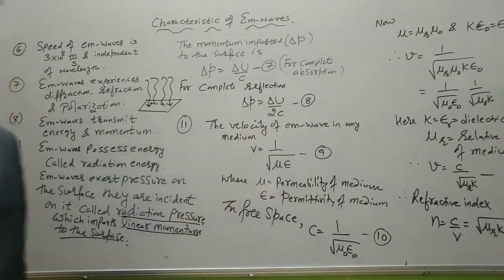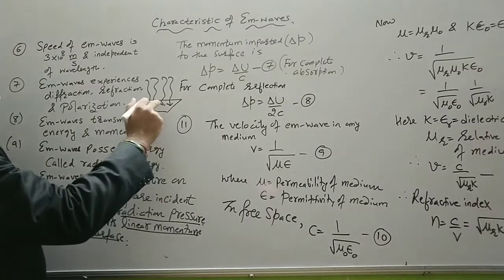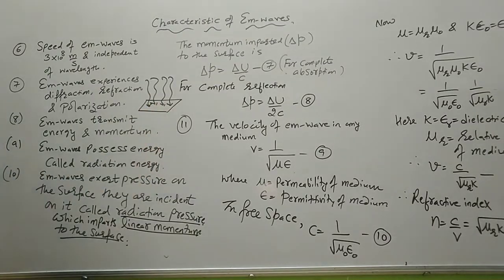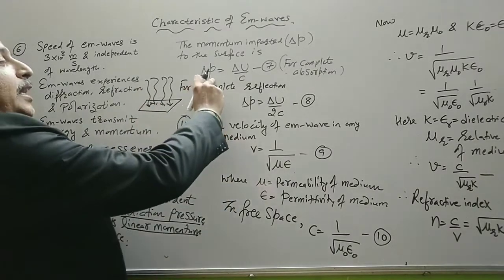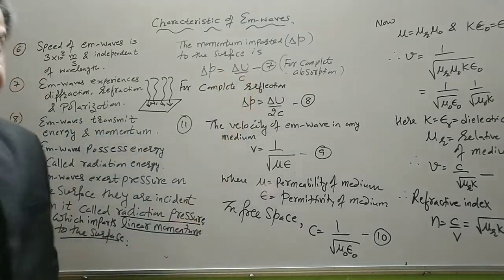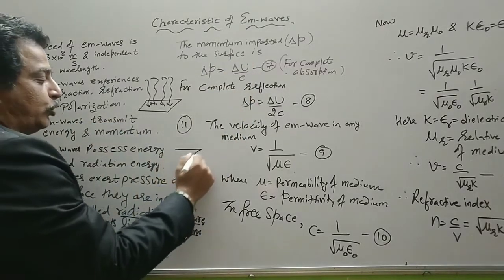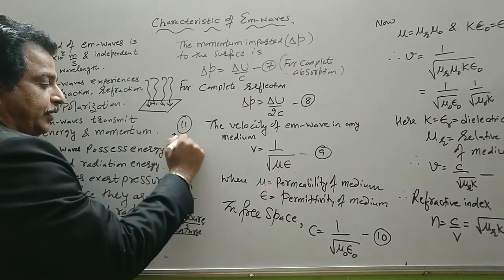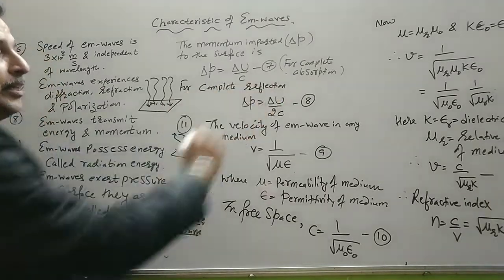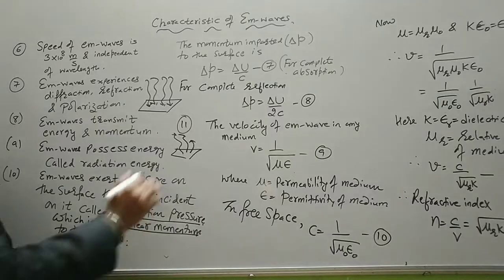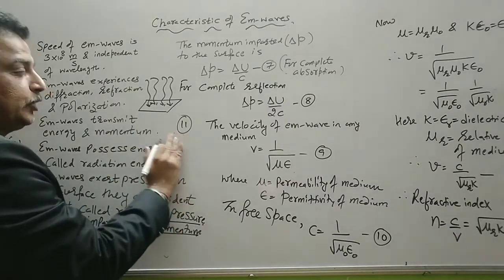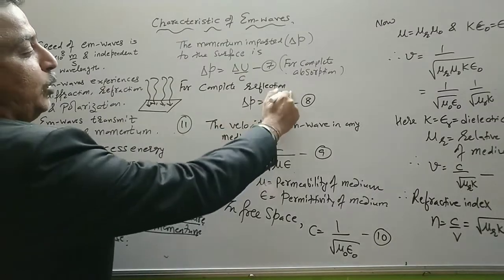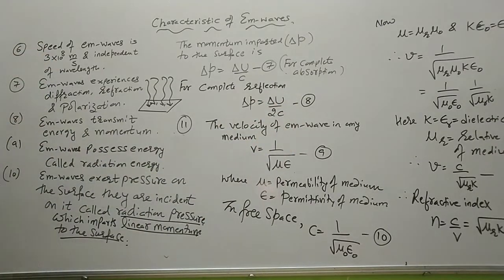So if electromagnetic waves fall on any surface and are completely absorbed, then delta P is equal to delta U upon C. And if these electromagnetic waves are reflected back, for complete reflection, so if they are incident on any surface and reflected completely, in this situation delta P is equal to delta U upon 2C.